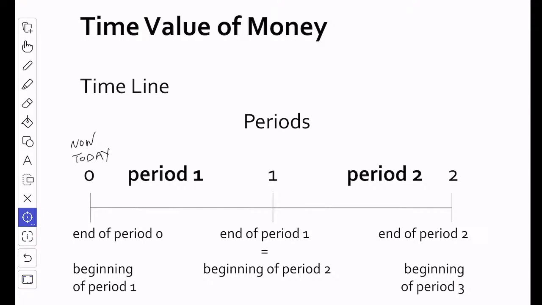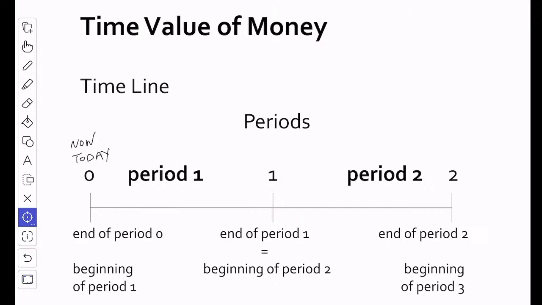And this is the default that I mentioned to you, to work as though things happen at the end of period. So the number ends up corresponding to that thinking. Okay? So the end of period 1, and then we have the beginning of period 2.